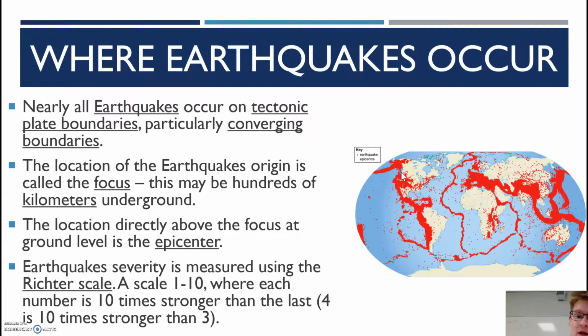Converging boundaries have really deep and powerful earthquakes, while transform boundaries have very powerful earthquakes, but they're not as deep as converging boundaries. Whereas diverging boundaries like these ones are not as powerful. You don't see as many earthquakes occurring there. That's how we know where earthquakes can occur, because we can see where past ones have occurred and where general hotspots and tectonic action usually occurs.